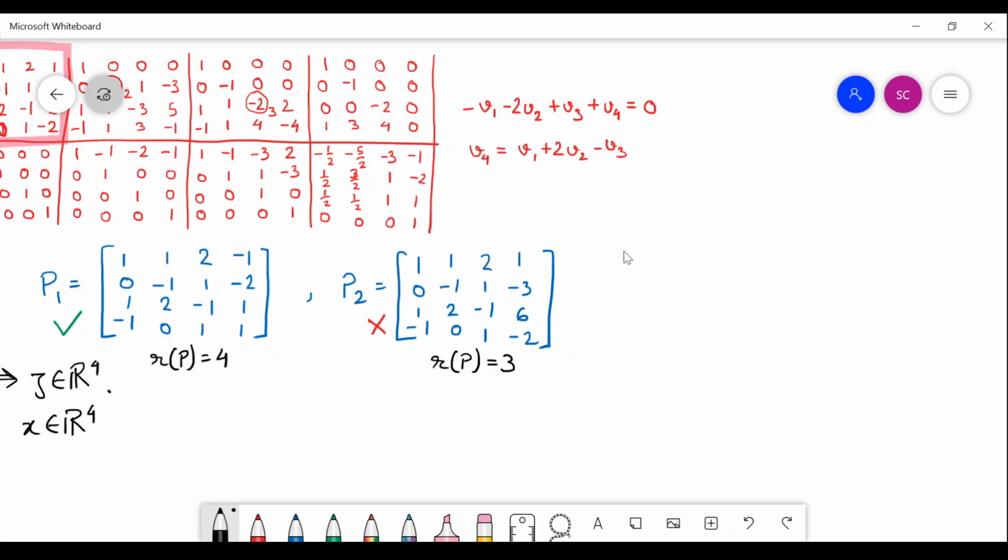Suppose I am taking the equivalent matrix after doing column operations. Column operations give an equivalent matrix, so they do not change the rank of the matrix, and that means they do not change the range space or the null space of the matrix. All these are related concepts: the rank, the range space, the null space.